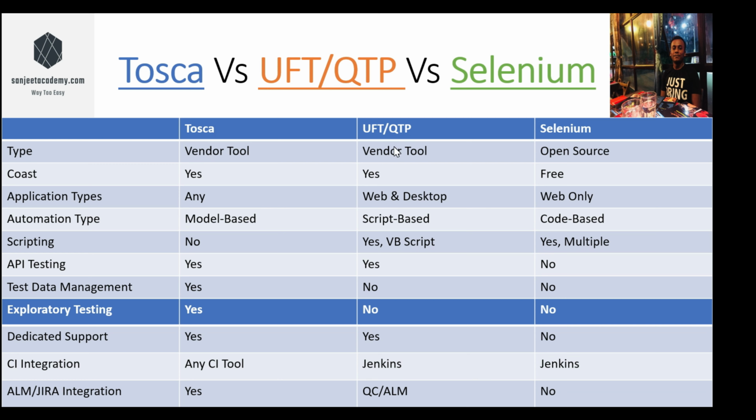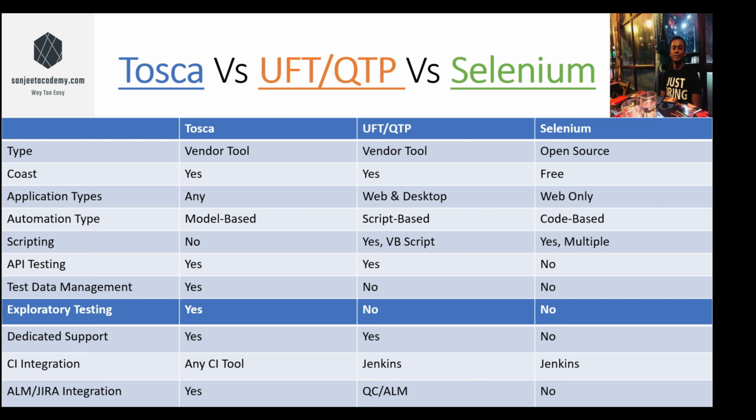QTP is also a vendor, commercial tool, but Selenium is an open source tool. Cost: as it is a vendor commercial tool, Tosca has a cost. UFT has a cost, but as Selenium is open source, it doesn't have any cost. It is free. Application type: Tosca supports any application type, that is web, desktop, mobile, anything. UFT supports web and desktop only, but Selenium works for web applications only.